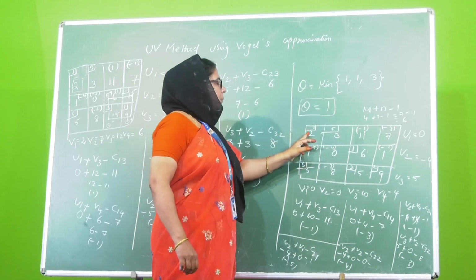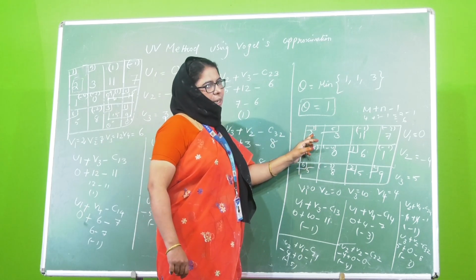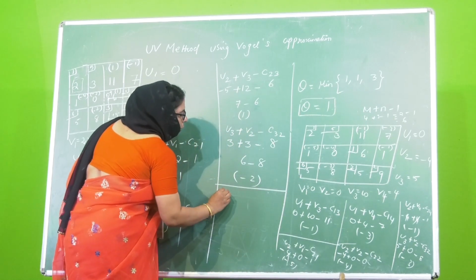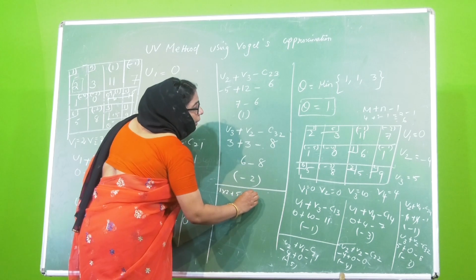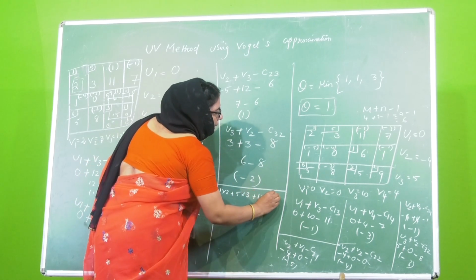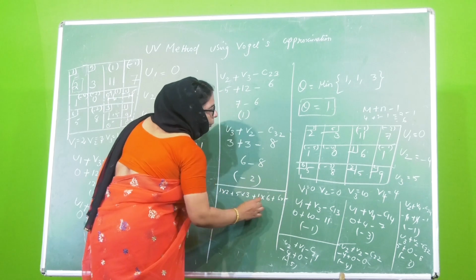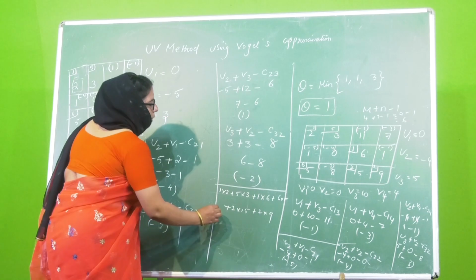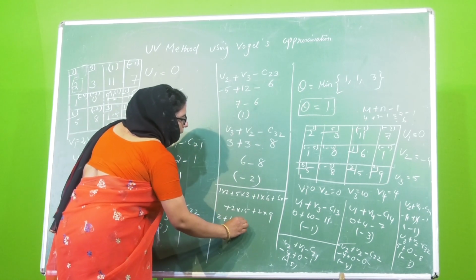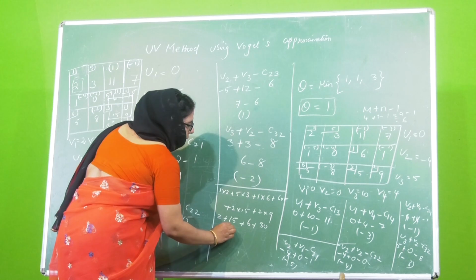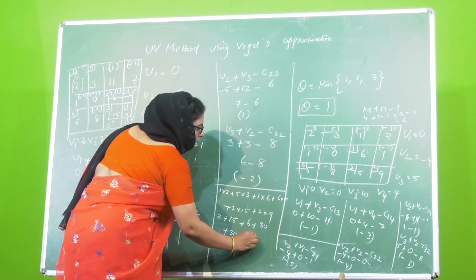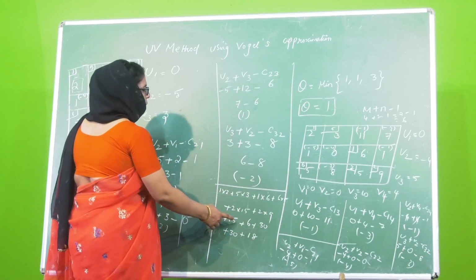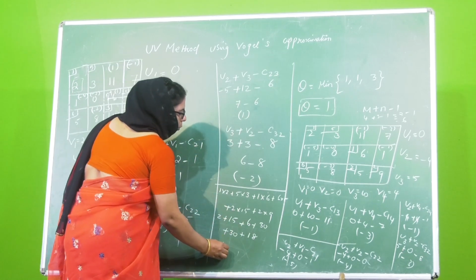Now you multiply the original allocation and the cell value. That is 1 into 2 plus 5 into 3 plus 1 into 6 plus 6 into 5 plus 2 into 15 plus 2 into 9. 2 plus 15 plus 6 plus 30 plus 30 plus 18: 60, 78, 78, 84, 94, 99, 101.